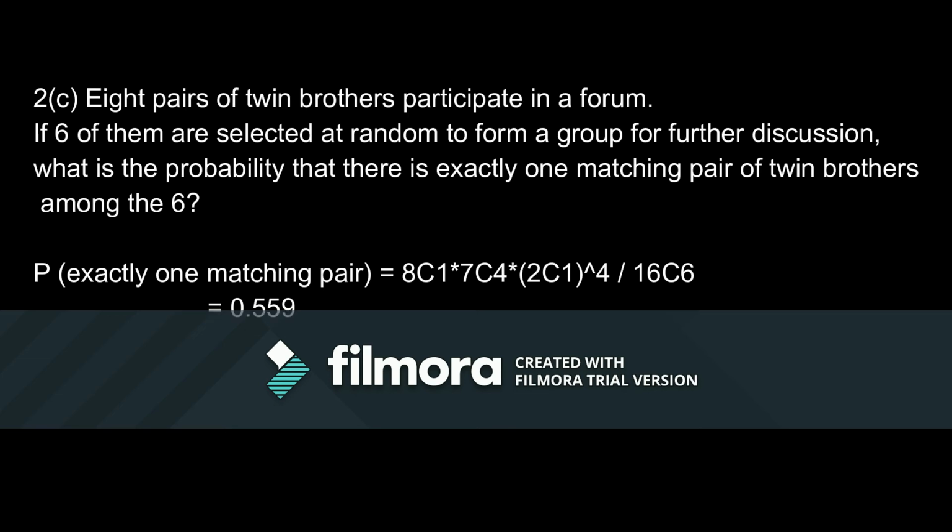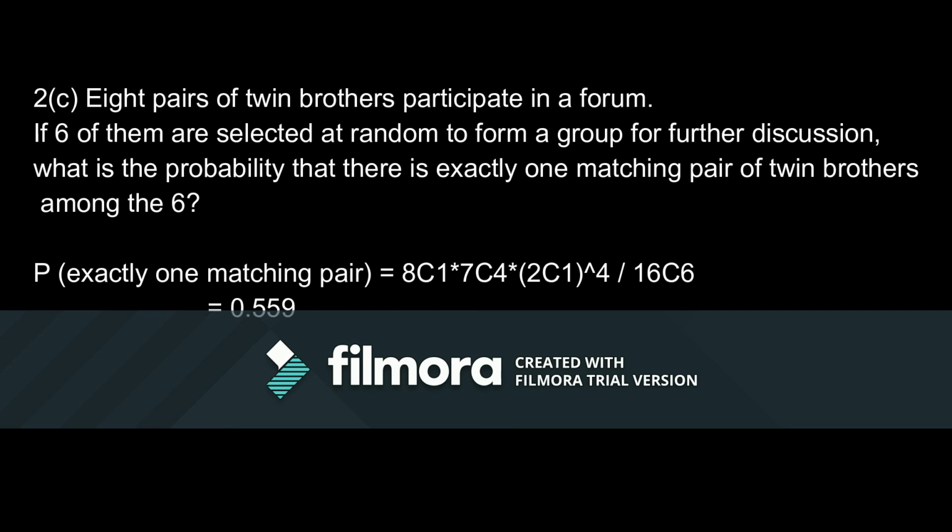For question 2c, 8 pairs of twin brothers participate in a forum. We need to find the probability that there is exactly one matching pair of twin brothers among the 6, if 6 of them are selected at random to form a group for further discussion.